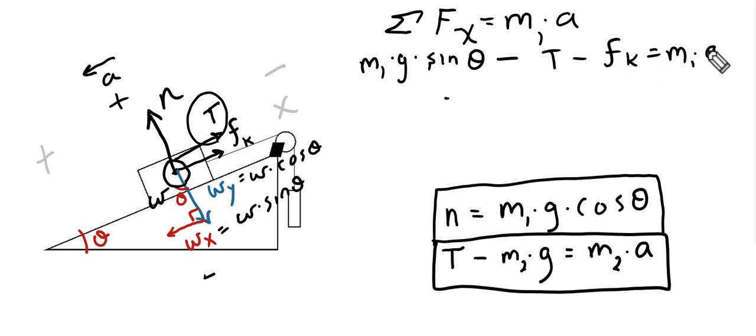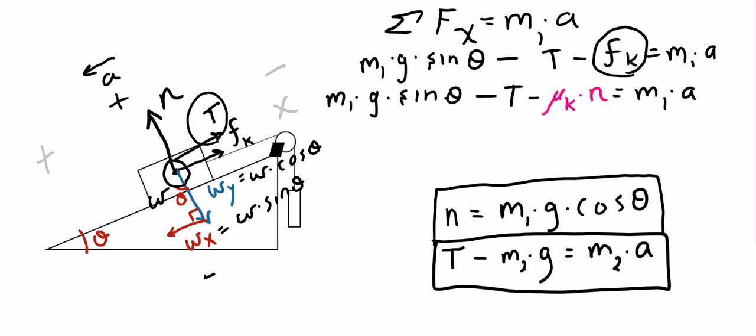So now this is definitely where you're going to see a lot of variability in your setups: second law along the x-axis. Furthermore, we should note that the kinetic friction can be written as the coefficient of kinetic friction times the normal force. Now, of course, the normal force is right here.